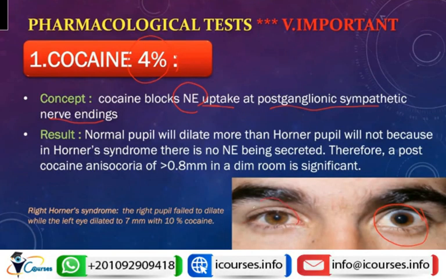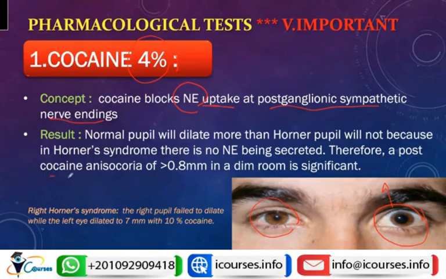But in case of Horner syndrome, there is no norepinephrine, or to be more accurate, there is very minimal norepinephrine. So the difference in anisocoria will increase, because the left, normal eye will dilate, but the right eye will fail to dilate because there is no or very little norepinephrine secreted.